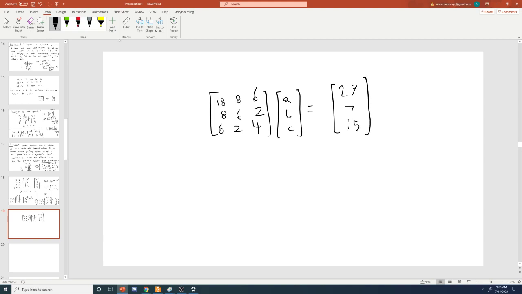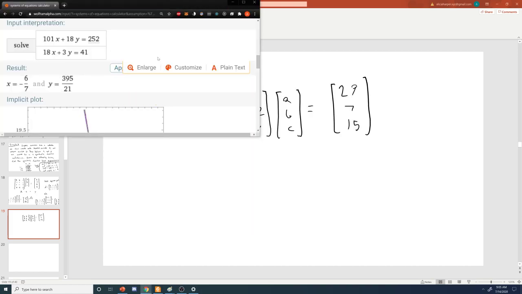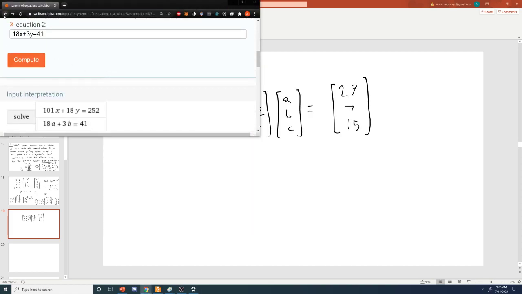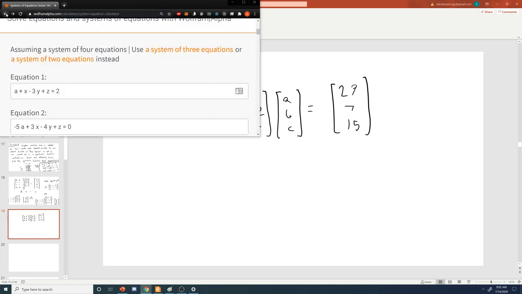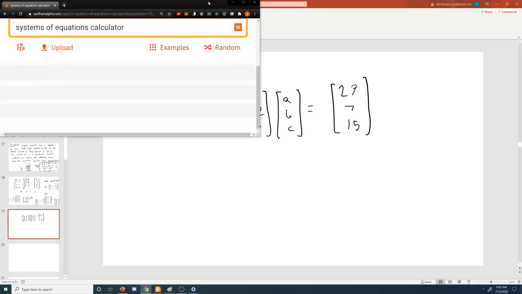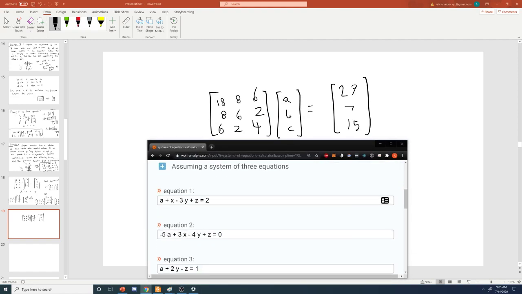And again, I could solve this by innumerable techniques, but because we've solved enough linear systems at this point in this course, I'm going to use a calculator. So if I use a calculator, first I'm going to have 18x plus 8y plus 6z is equal to 29.